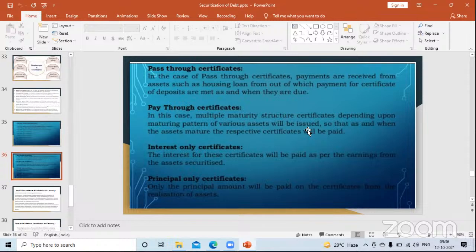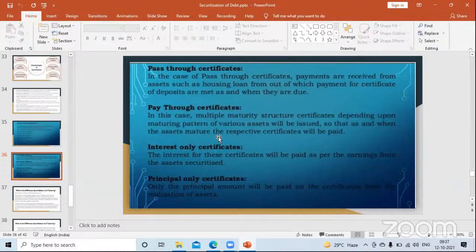So depending upon their maturity patterns, they will be linked with certificates of deposit in such a way that as and when the assets mature, the respective certificates will be paid.